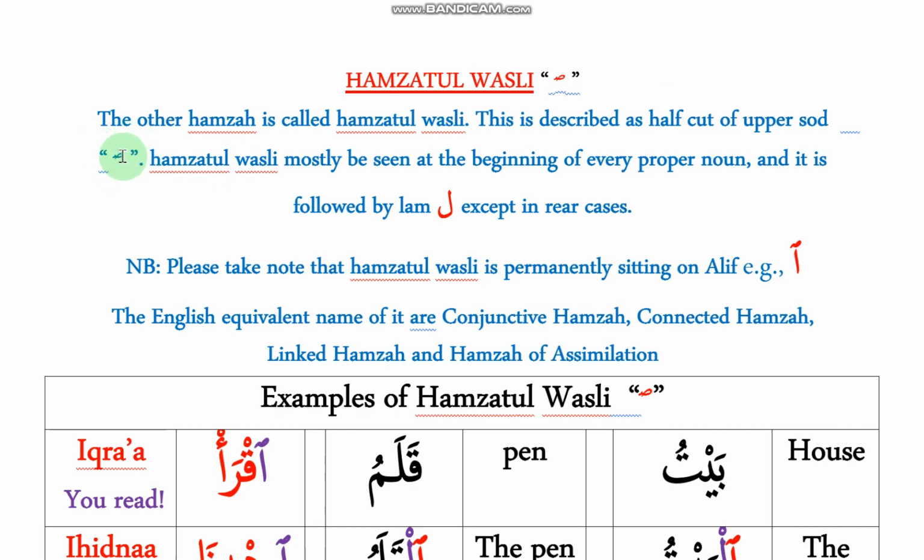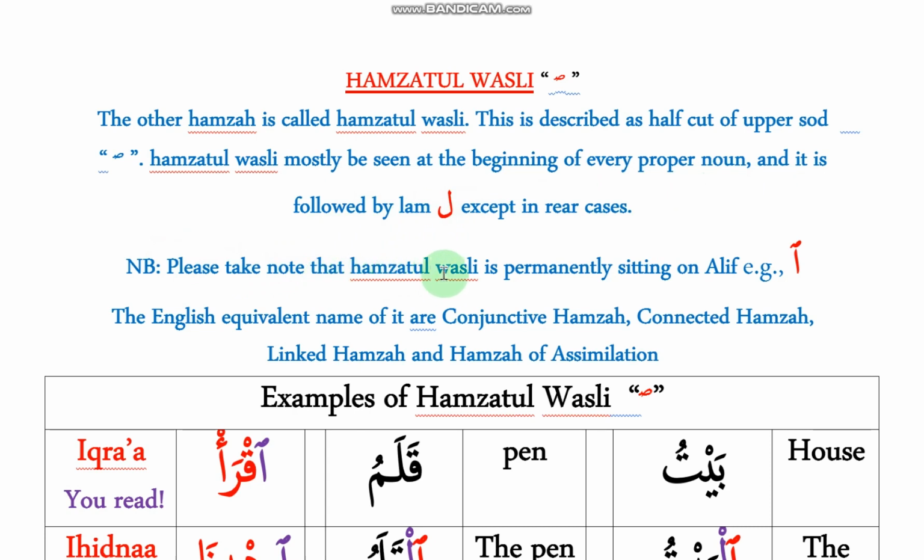It always sits on Alif. You cannot find this type of Hamzah anywhere except on top of Alif. And we call it Hamzatul Wasli. It is mostly seen at the beginning of every proper noun, and it is followed by lam except in rare cases.